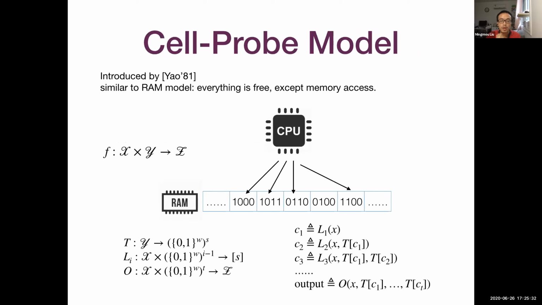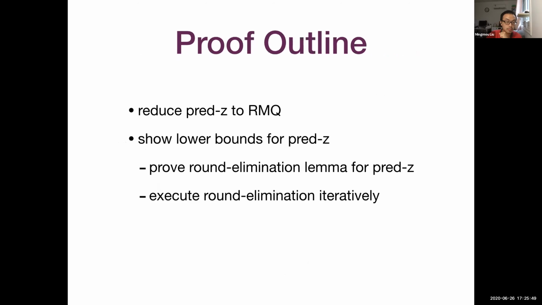We prove the lower bound in the cell-probe model. It is very similar to the famous RAM model. In the cell-probe model, operations are free except memory access. So the time complexity is the number of memory accesses. In fact, we prove a lower bound for a special problem named PREDZ.